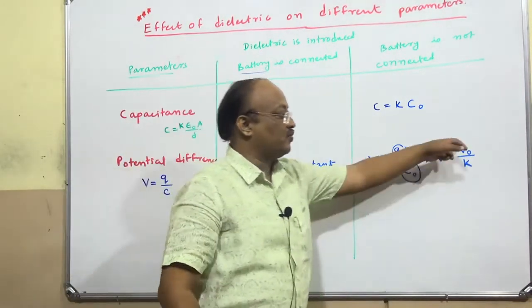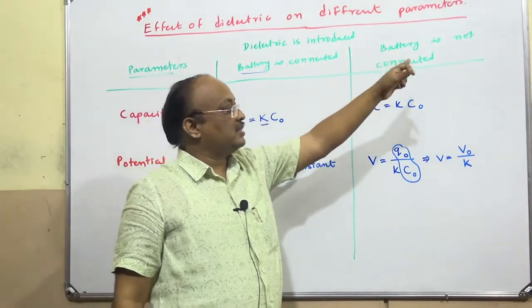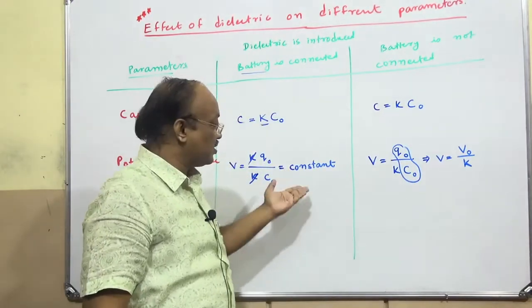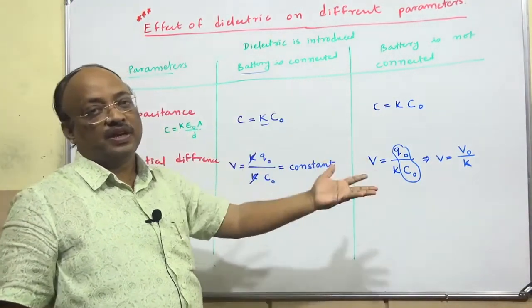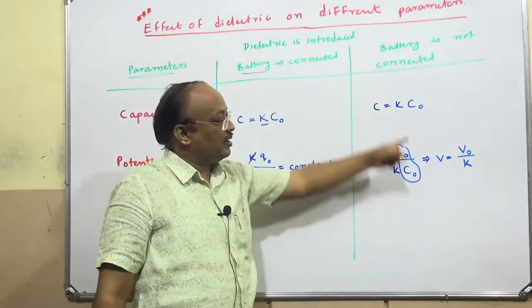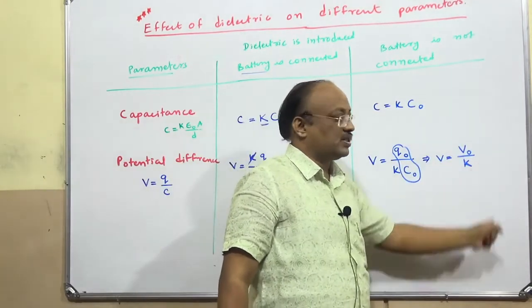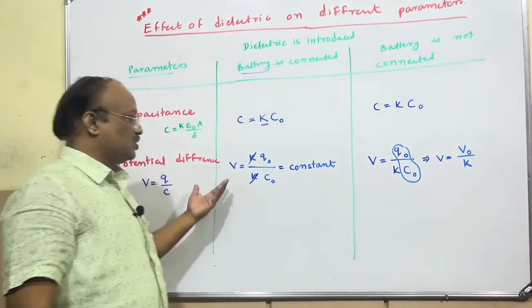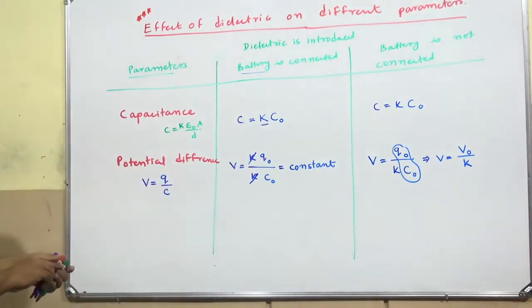Since the battery is not connected, it decreases; if the battery is connected, it remains constant, same as before. So that's what we are seeing in the case of potential difference.